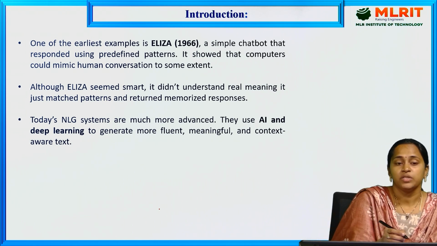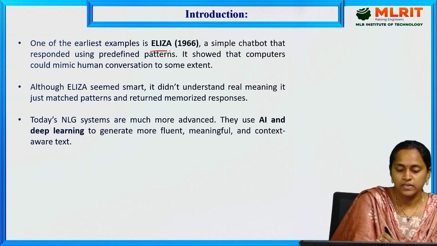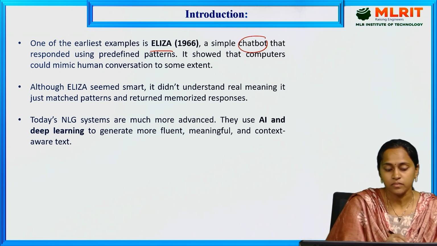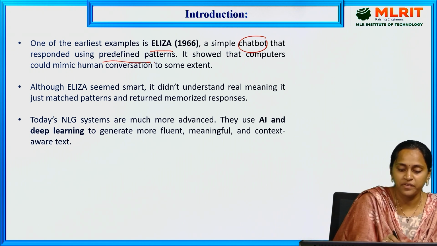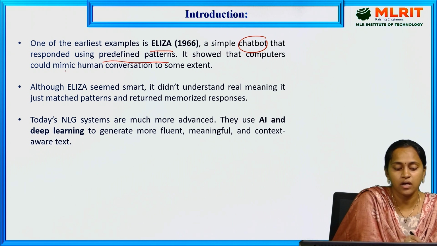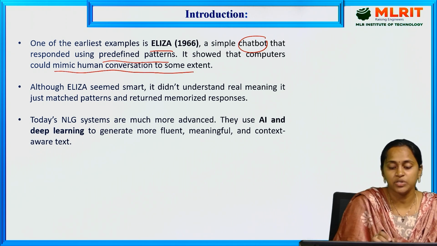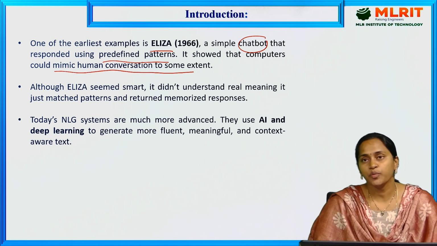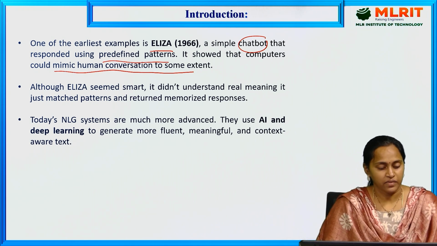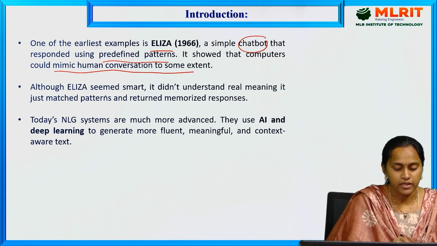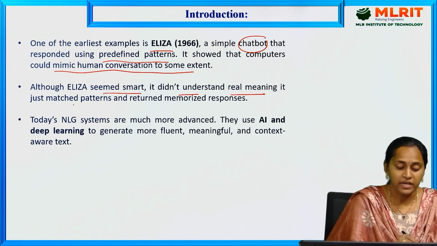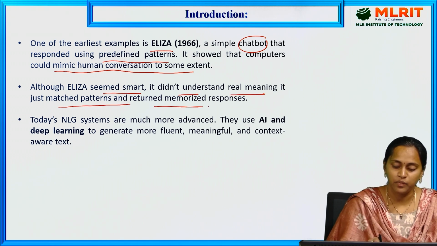Continuing, one of the earliest examples is ELIZA, a simple chatbot that responds using predefined patterns, but it mimics human conversation only to some extent. Although it seemed smart, it did not understand the real meaning; it matched patterns and returned memorized responses.